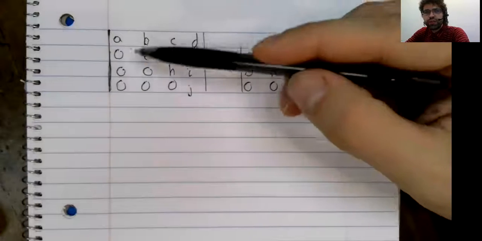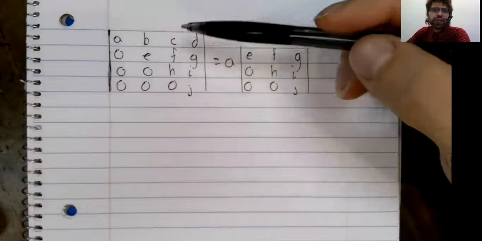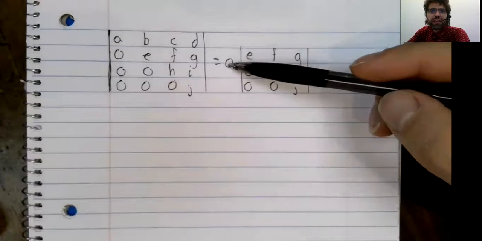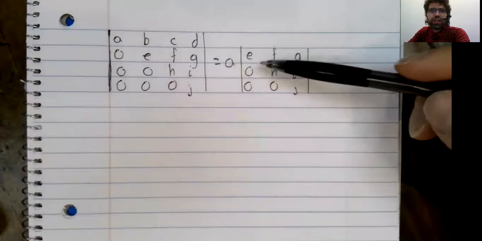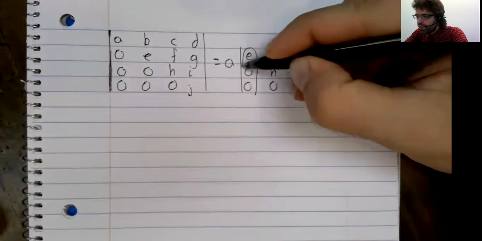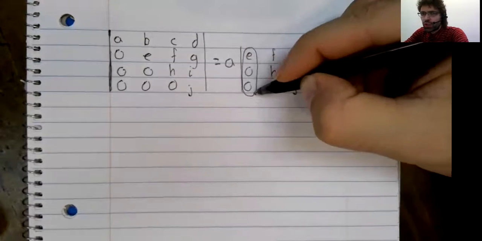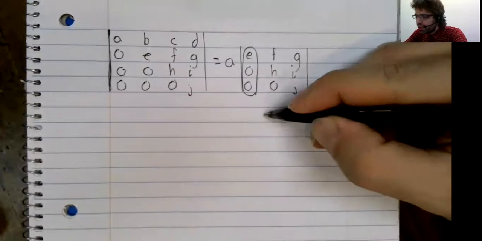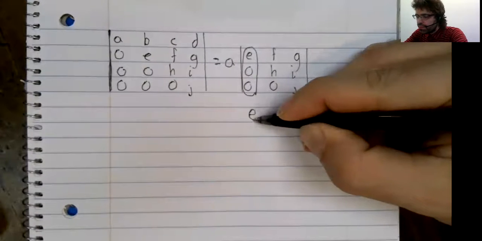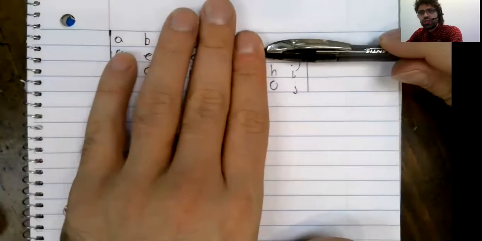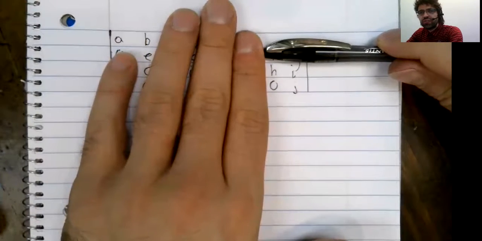All right, new page. We're looking for the determinant of this upper triangular matrix. We found that it was A times the determinant of this. When we take the determinant of this, we'll work down the first column. E times the determinant of this.